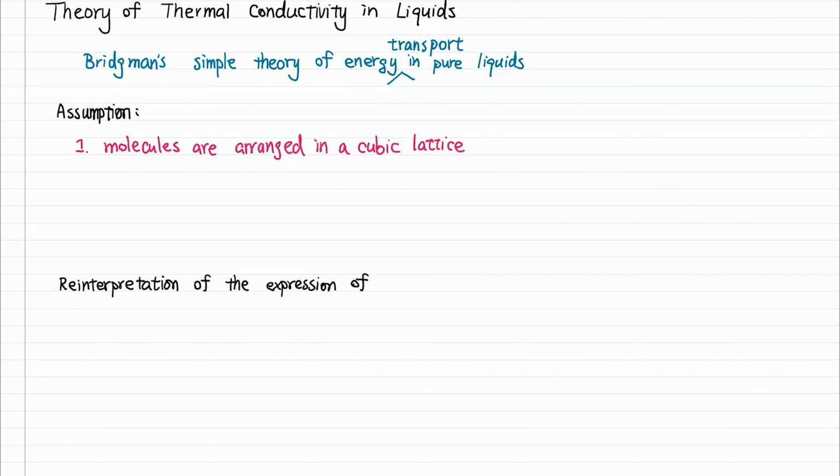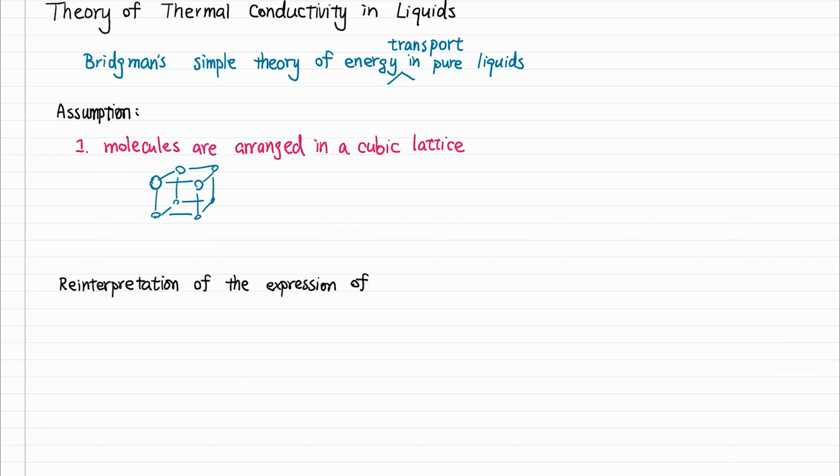Meaning that molecules are kind of packed like a crystal, right? So if you think of a cubic lattice, the most common one would look something like this. So this is a typical cubic lattice.